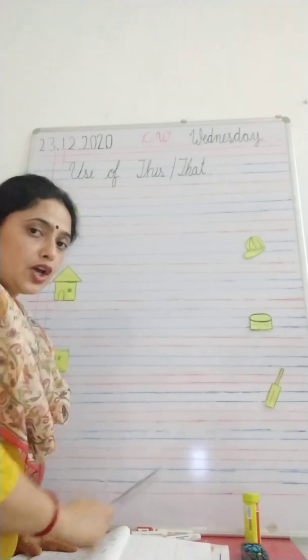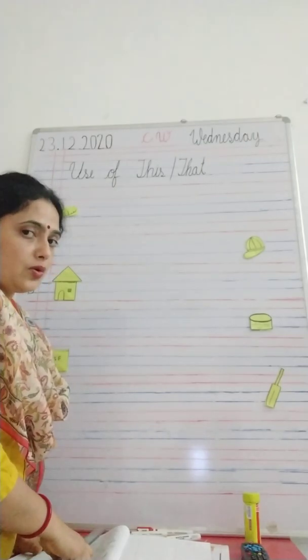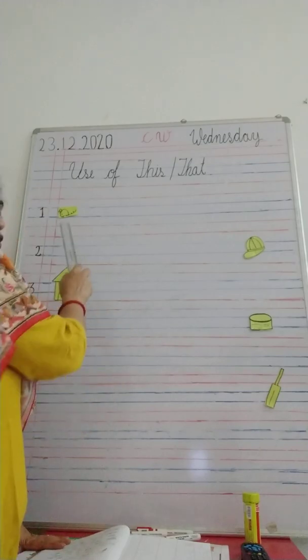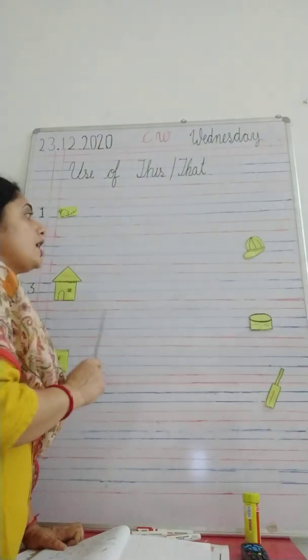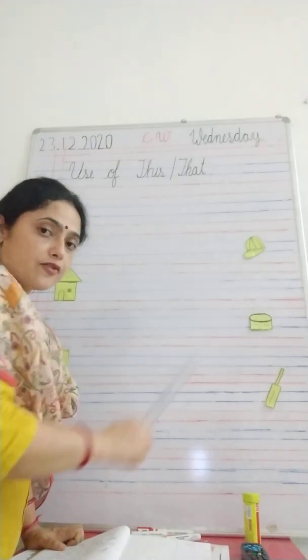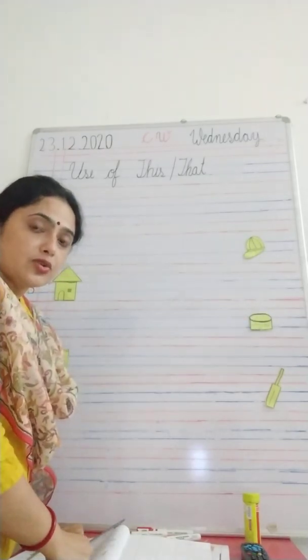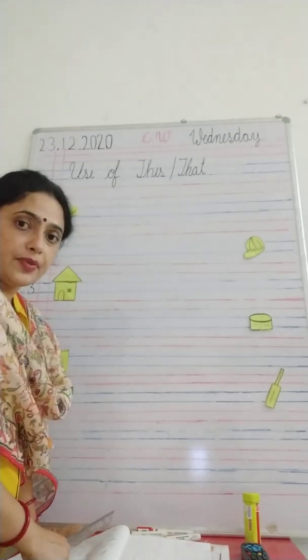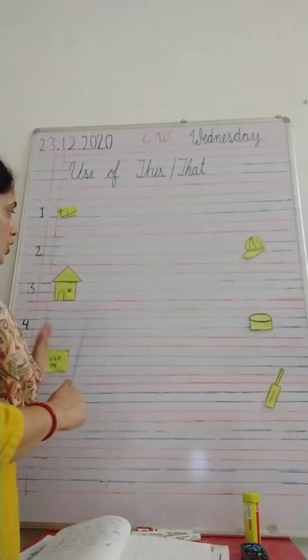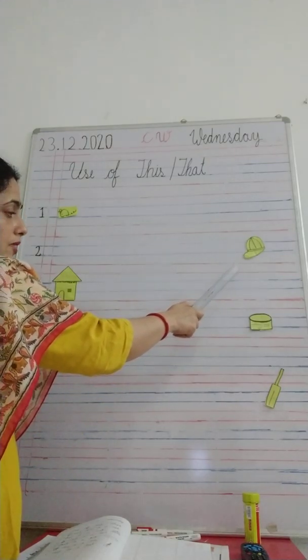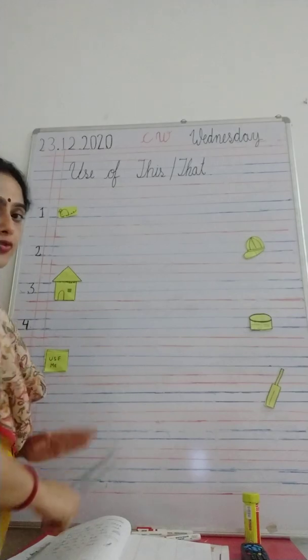So babies, we use this for the near things, the things that are near us, and we use that for the things that are far from us, things that are at a distance from us.